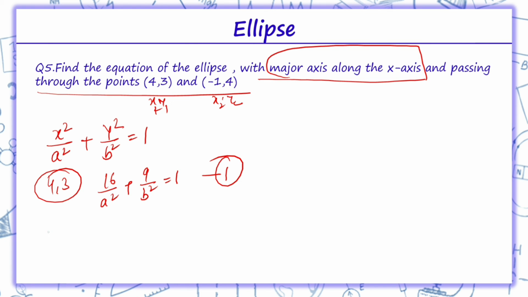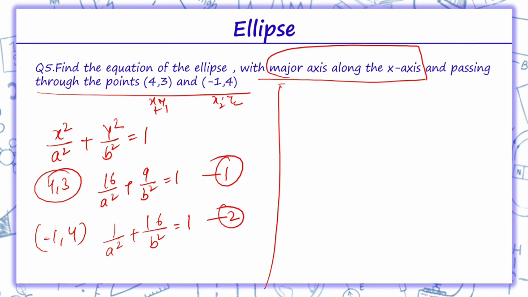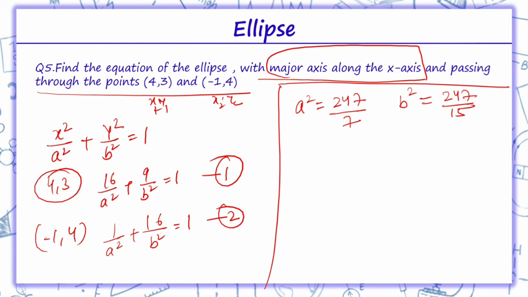This is the first equation. Then putting the point minus 1 comma 4, we will get 1 upon a square plus 16 upon b square equals 1. This is the second equation. On solving the first and second equations, the value of a square comes out to be 247 by 7 and the value of b square comes out to be 247 by 15.